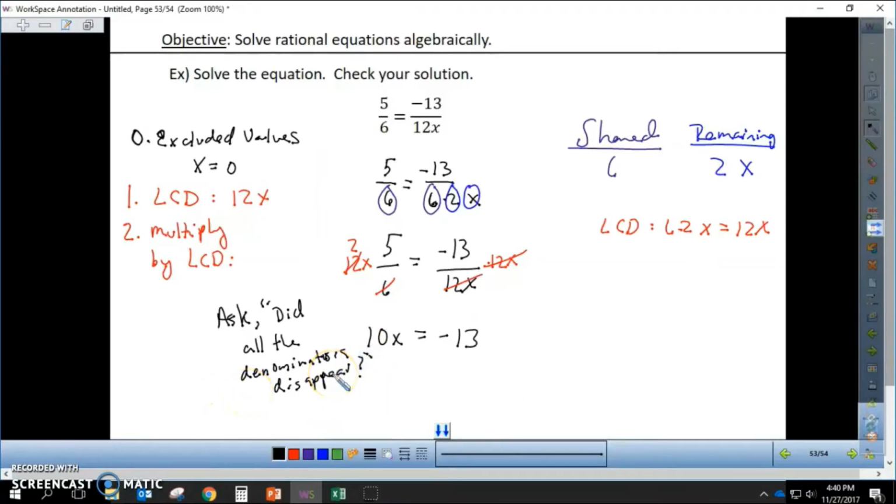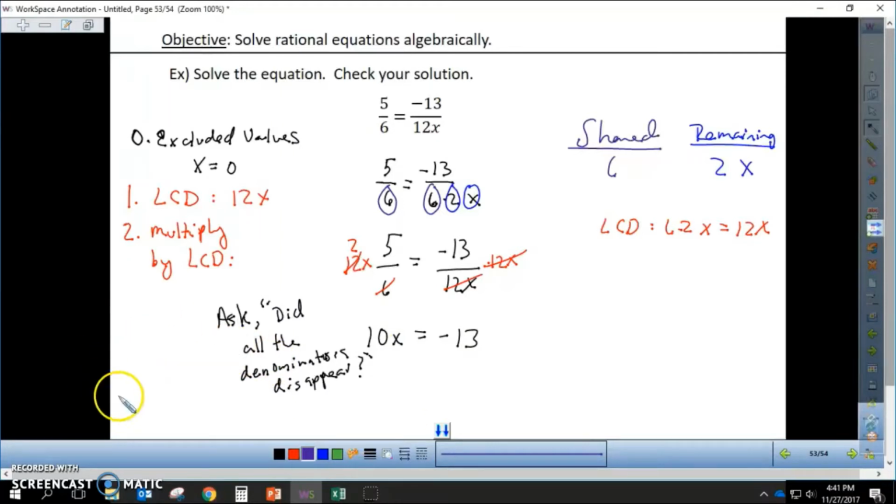If the answer is no, you picked the wrong LCD. Your LCD has to be big enough to completely destroy, annihilate, get rid of all of your denominators. The whole goal is to have something nice and pretty like this: 10x equals negative 13.